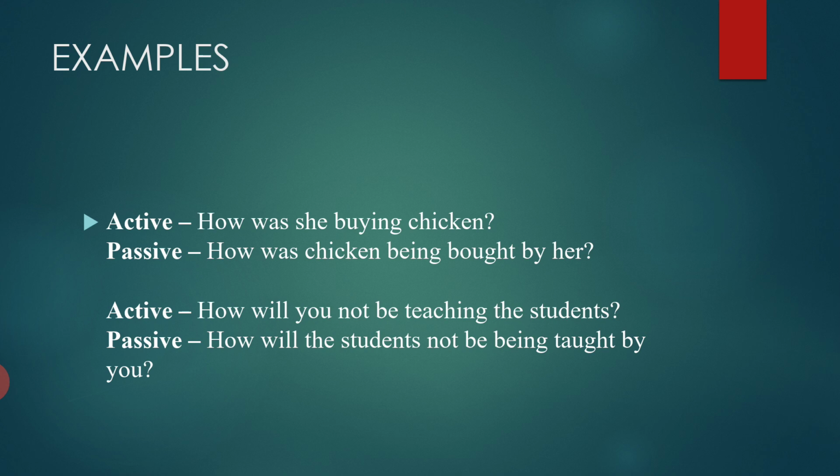This is how be and being are put together. How will the students not be being taught by you? Okay, if they ask, then you are supposed to do that.